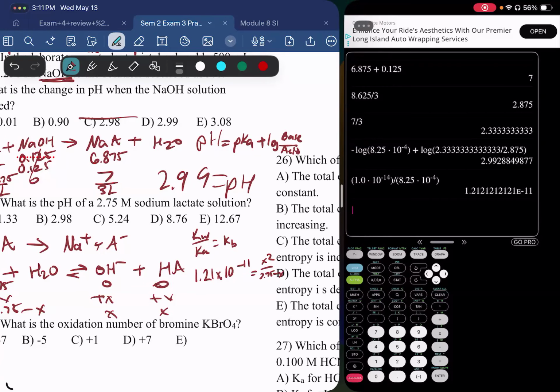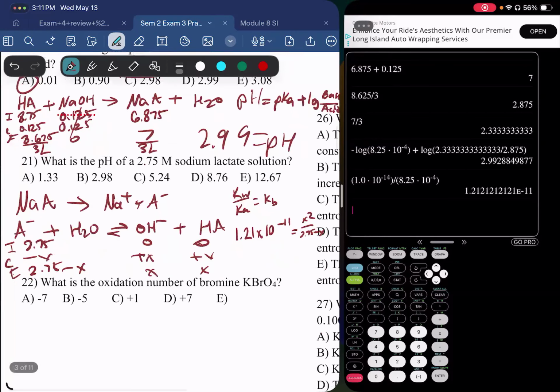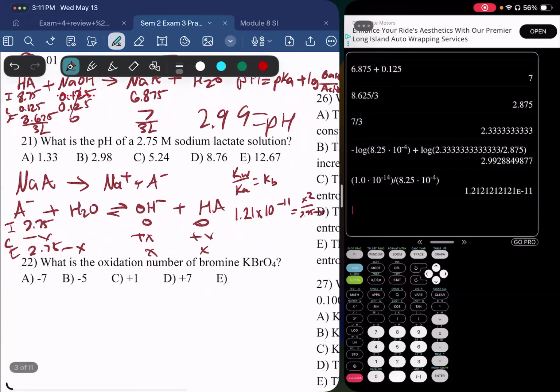Then we put it into the calculator, we find the intersection point, and x is equal to 5.76 times 10 to the negative 6. On your calculator, you can put x in and you get that value. So that's the hydroxide concentration. So 14 minus the negative log of x would give you the pH. And so the answer choice is D.